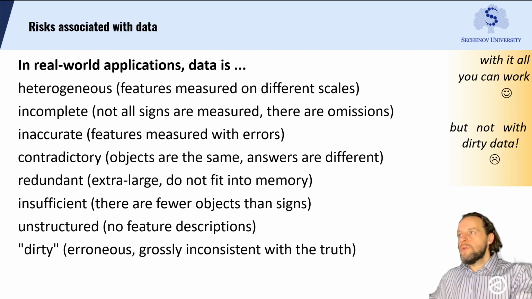In the real world, data is heterogeneous. There are different scales, measures, and sources. Data is incomplete, and different channels provide different levels of completeness. It can be inaccurate, with some errors, inconsistent, redundant, insufficient, unstructured, and so on.